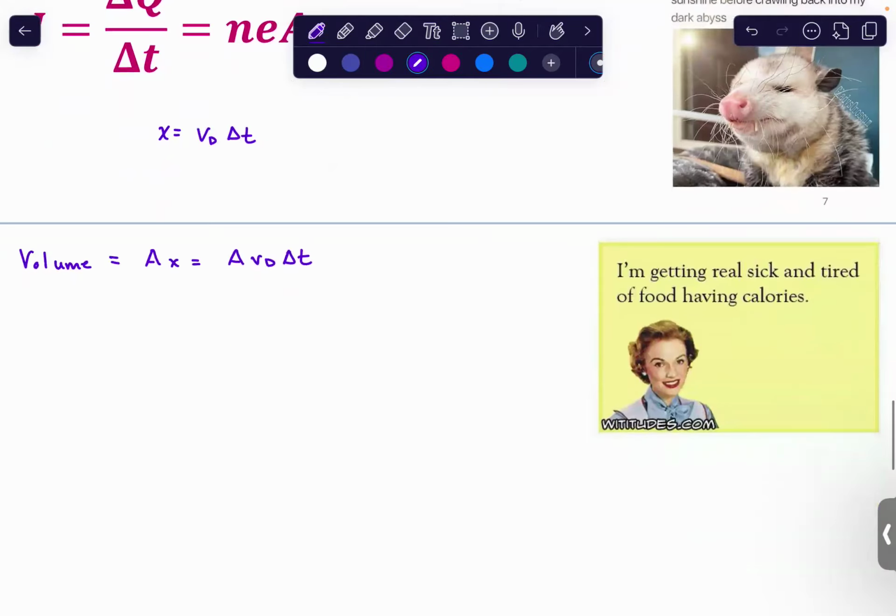Now, the total number of electrons moving through that volume, total number of charges, or you could say the amount of charge moving through there is going to be the number of particles per volume multiplied by the volume.